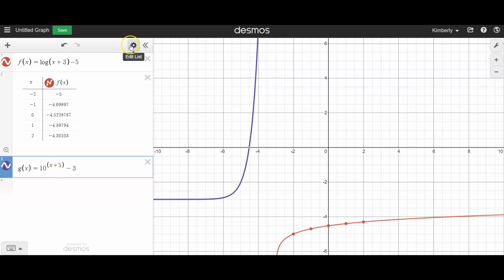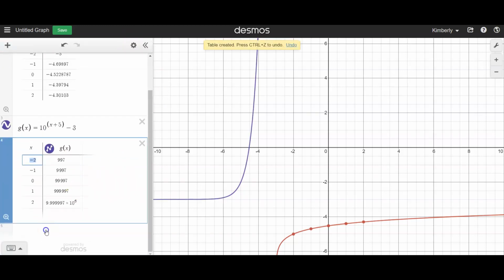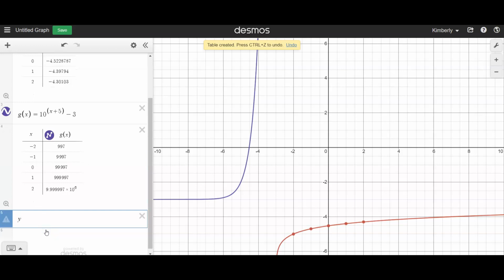And I'm going to hit my gear in my table. And I'm also going to go ahead and get that y equals x in there. But it has to graph. So y equals x is a line, and that's what the log function is transforming over, is that line.